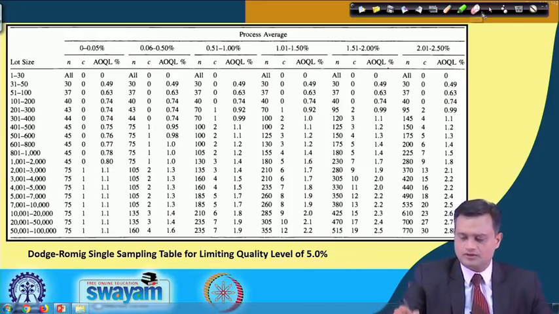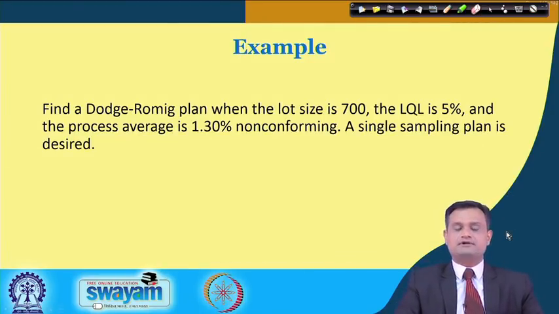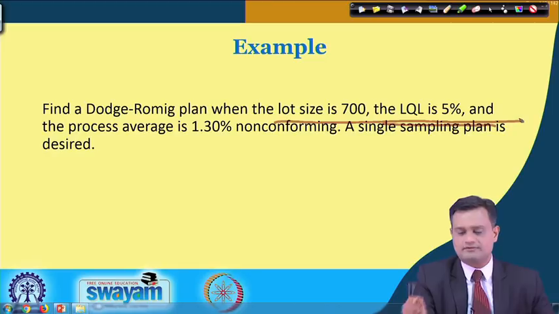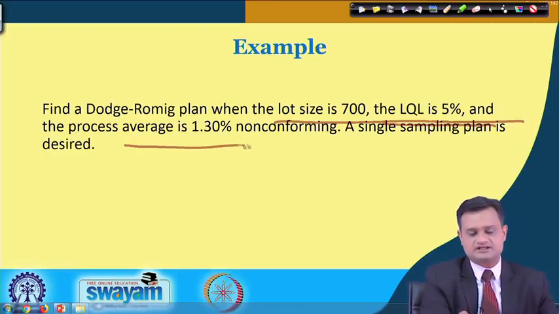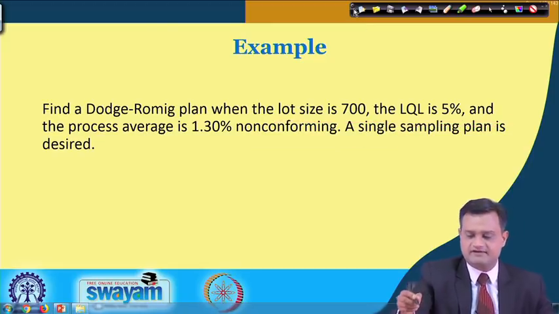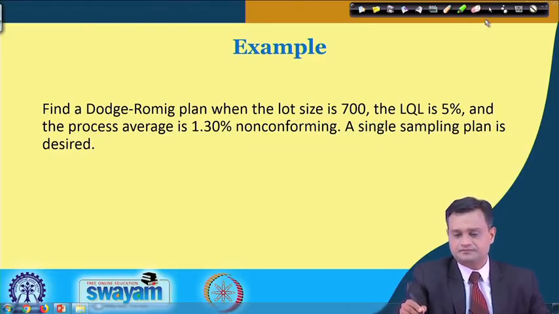Now see the example: I have a lot size of 700 and LQL is 5%, and the process average is 1.3% non-conforming. How can I devise a single sampling plan?